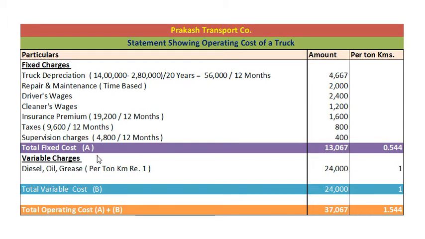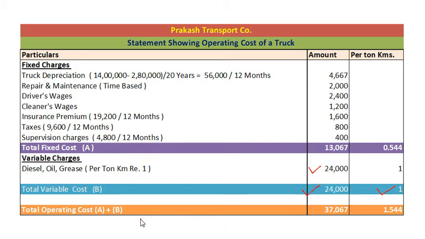From the given data there is only one variable charge, diesel, oil and grease, and we are given per ton kilometer rupee 1. It is readily available in the question, and our monthly ton kilometer is 24,000. So 1 rupee multiply 24,000 monthly ton kilometers, so total amounts to 24,000. So our total variable cost amounts to 24,000 per month and 1 rupee per ton kilometer.